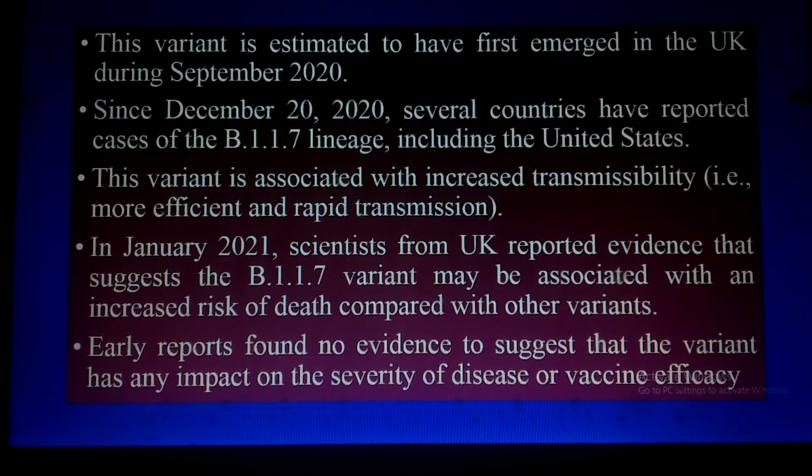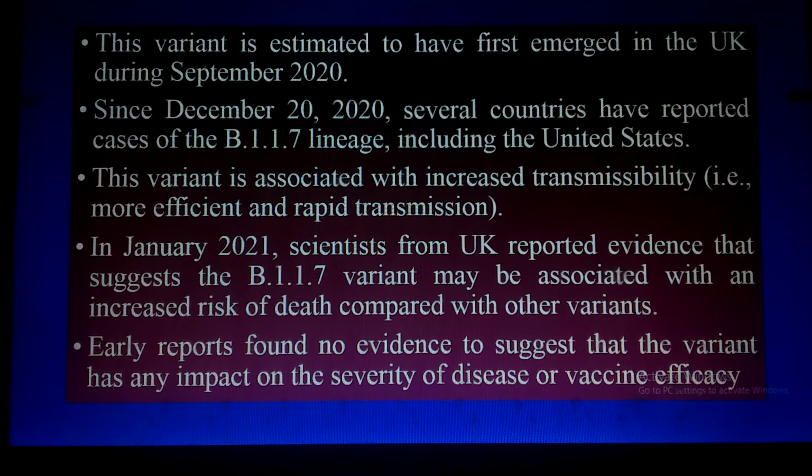This variant is estimated to have first emerged in the UK during September 2020. Since December 2020, several countries have reported cases of the B.1.1.7 lineage, including the United States. This variant is associated with increased transmissibility, that is more efficient and rapid transmission.